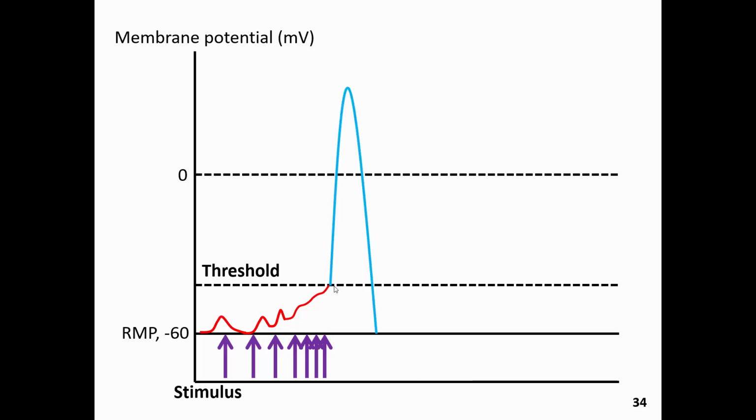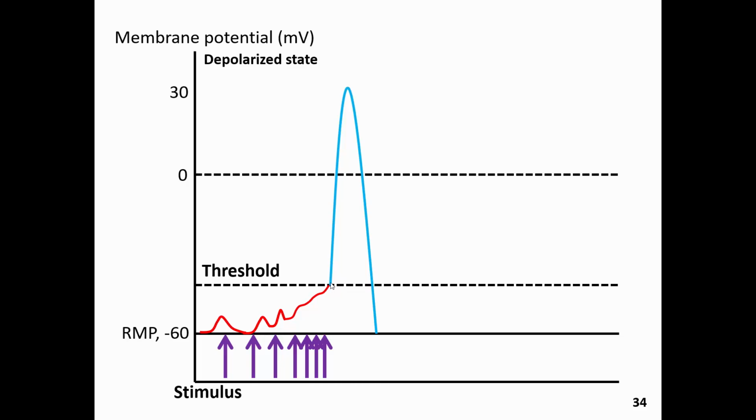And there's a critical threshold that when that neuron hits it, we see a very fast, almost impactful or violent change in its polarized state into a positive direction. Remember, this is inside the cell at +30. At the peak point here, that's called the depolarized state.